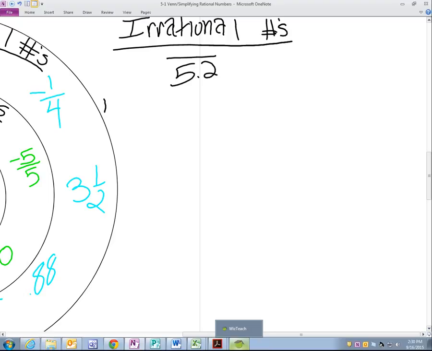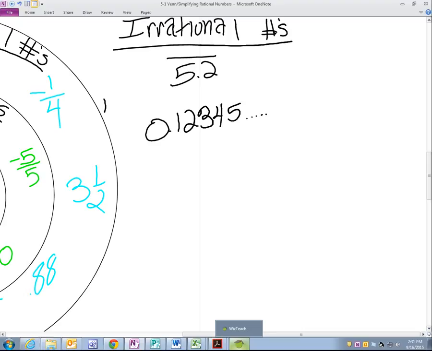It goes 5.2, 5.2, 5.2, and so on, forever. Okay? Next we have 0.12345, etc. Those lines mean it keeps going. We're not going to even write any more. It just keeps going.